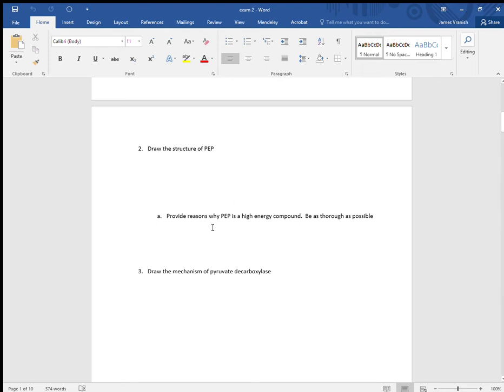Next part, provide a reason why PEP is a high energy compound. 2 reasons I was looking for there, and I accepted others as well, but you absolutely had to say something about the keto-enol state for one of them. So basically PEP is trapped in the enol form. It will spontaneously tautomerize once the phosphate's cleaved to the keto form.